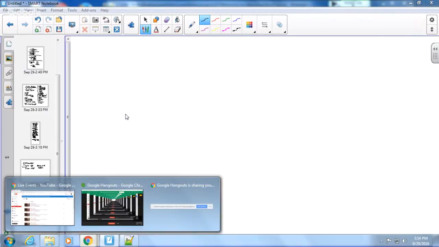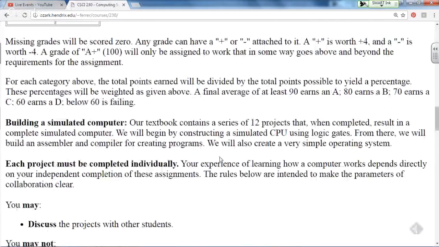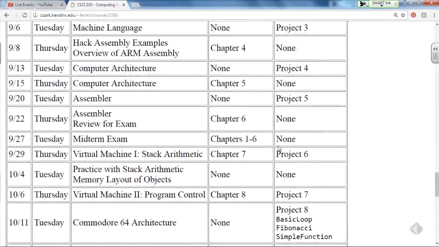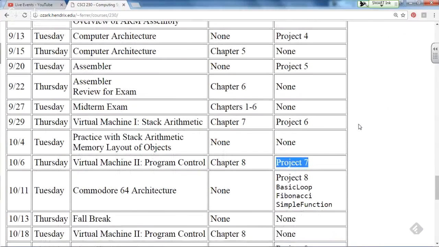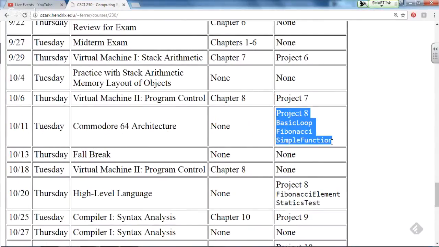Timetable. So this assignment is due Thursday, I think. Yeah. So today's the 29th. This will be due on Thursday the 6th. So to give you a feel for what we're doing from here, we'll start Project 8 at that point. The first part of Project 8 will be due the Tuesday before fall break starts.